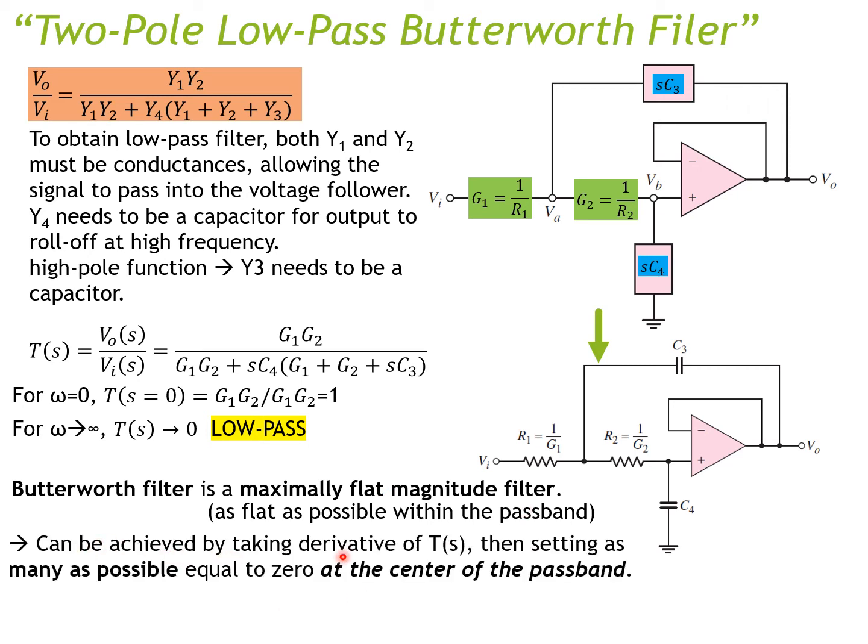This can be achieved by taking the derivative of T(s), then setting as many as possible equal to 0 at the center of the bandpass. That means we only need to consider 0 frequency, omega equals 0, for the low pass filter, and we also need to set only one.